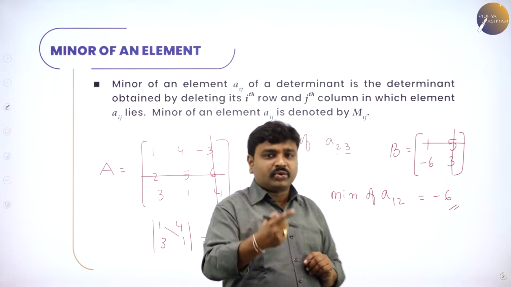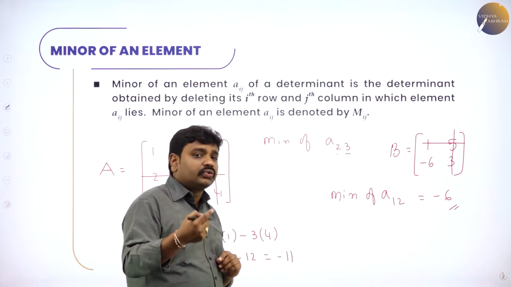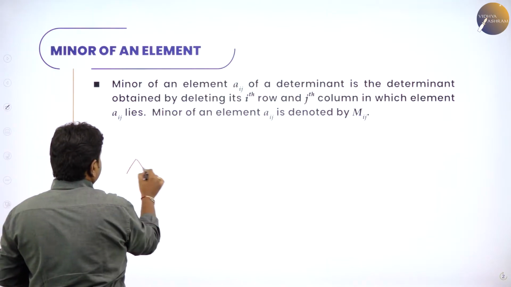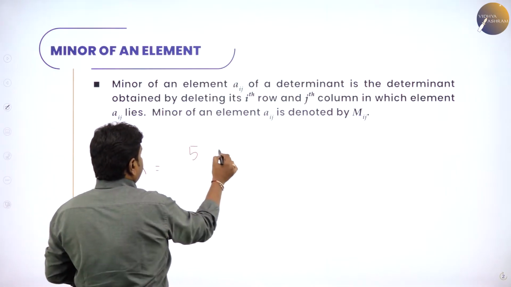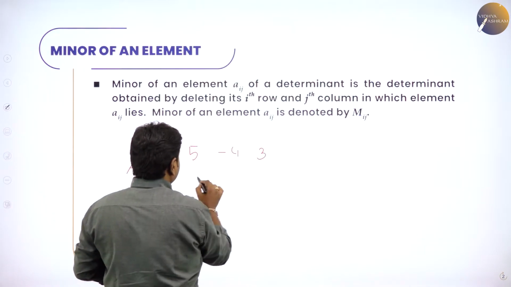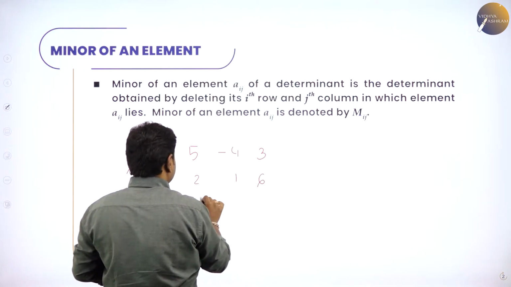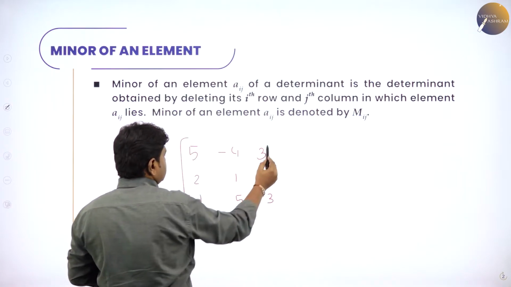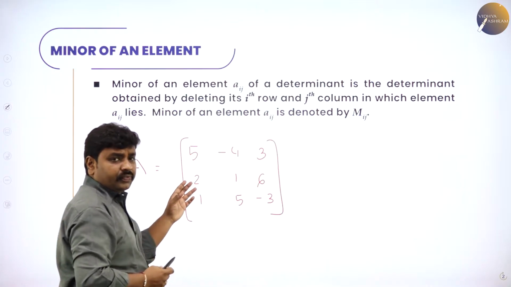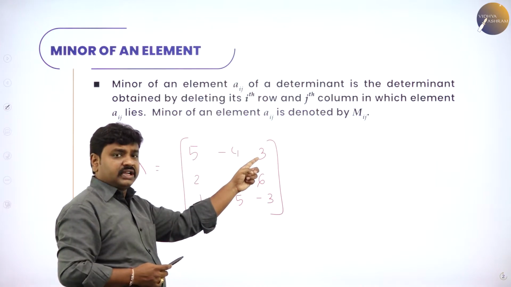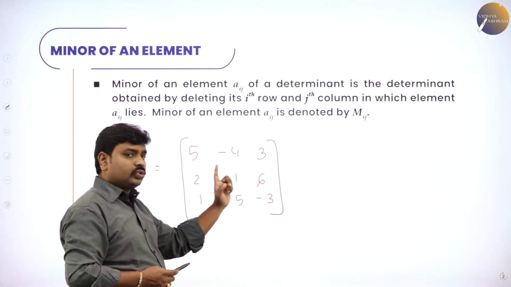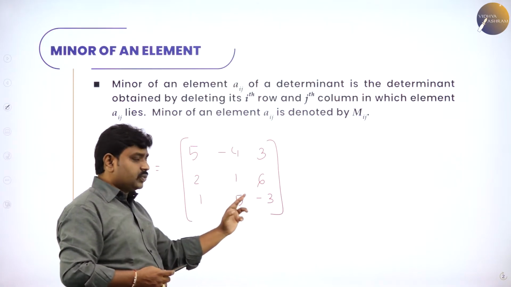Now let me take one more example and make you thorough in how to find minor. Let us consider the matrix A equal to 5, minus 4, 3, 2, 1, 6, 1, 5, minus 3. This is A11, A12, A13, meaning first row first element, first row second element, first row third element, then A21, A22, A23, A31, A32, A33.